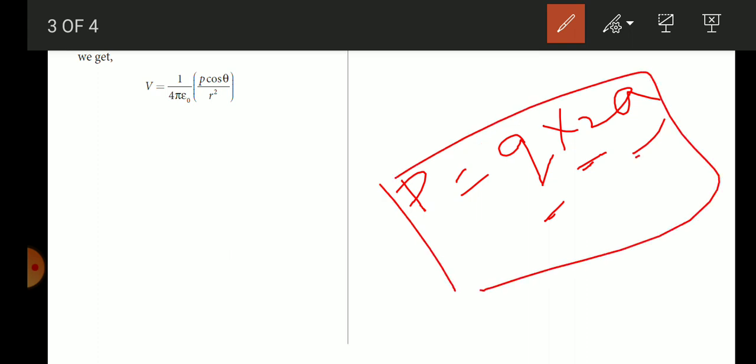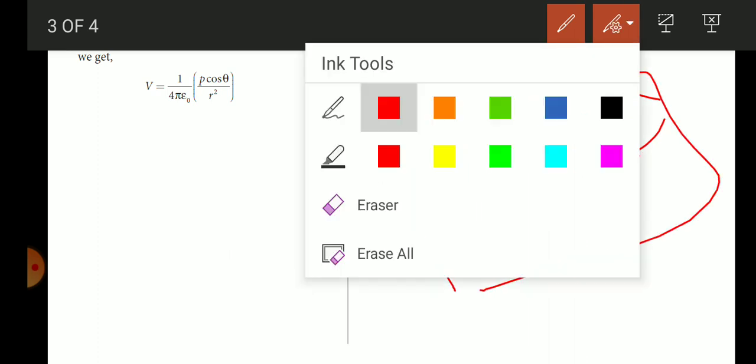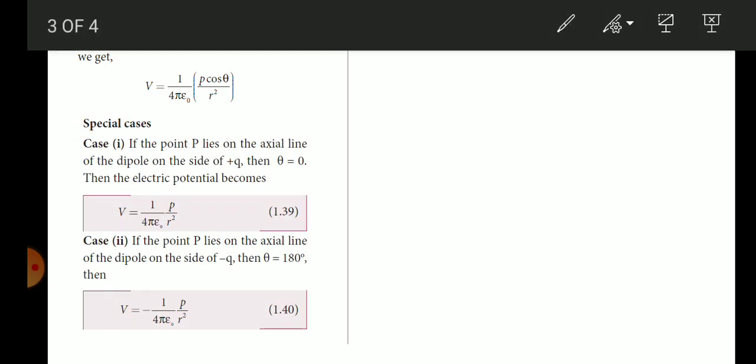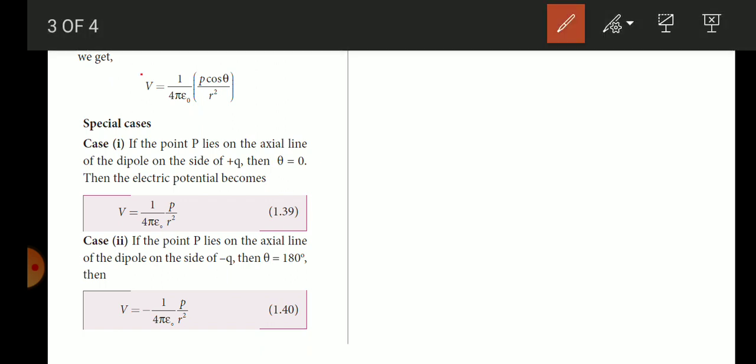So this is the dipole moment. So I can change the formula into P cos theta by 4 pi epsilon naught r square. Then this electric potential depends on theta, a function of theta.